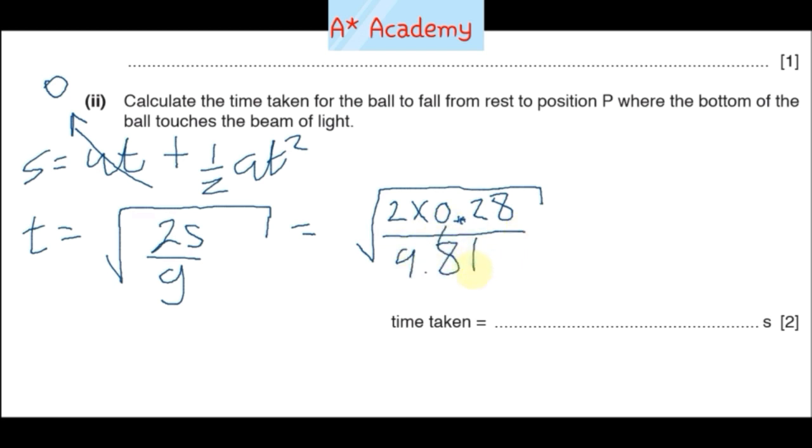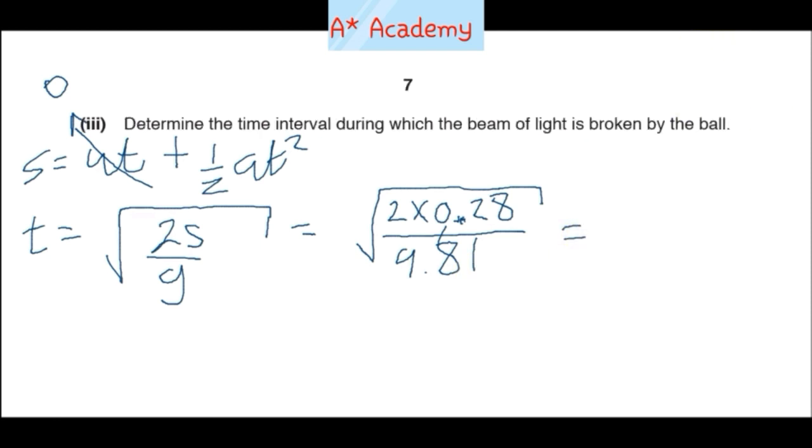Right, and that will simplify to give us 0.23892. We have to leave our answer to a reasonable number of significant figures.